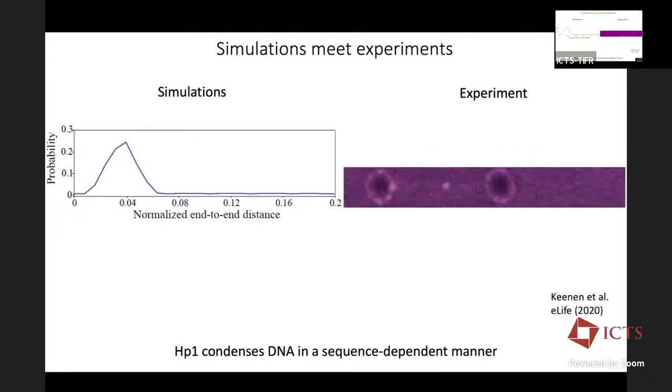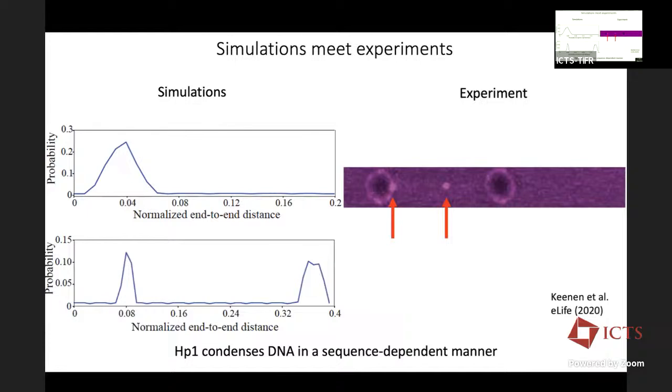But then we look at some other protein, which is HP1. And I'm sure many of you have thought about HP1 and so on, or have done experiments. So this was data from Gita Narlikar's group, and they saw two condensates continuously in very different experimental conditions, rather than one, which is actually consistent with a heterogeneous DNA picture.